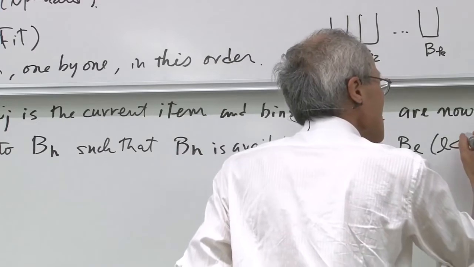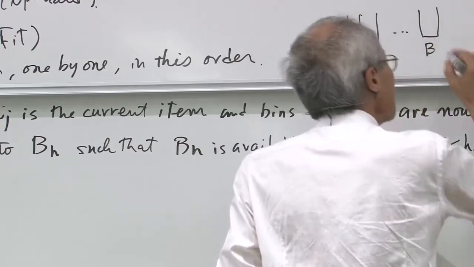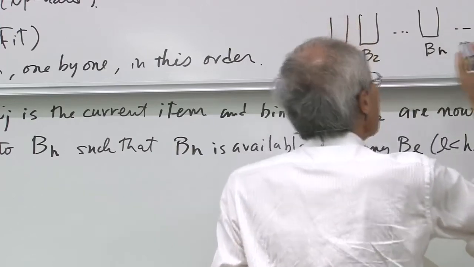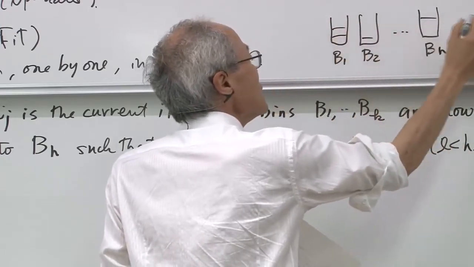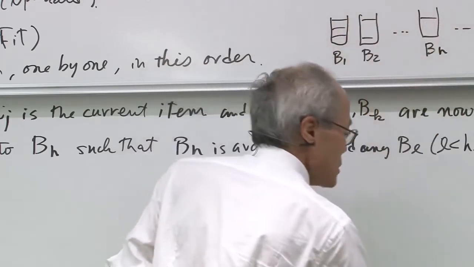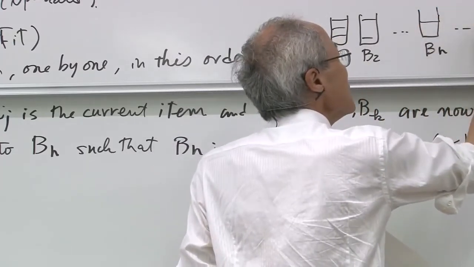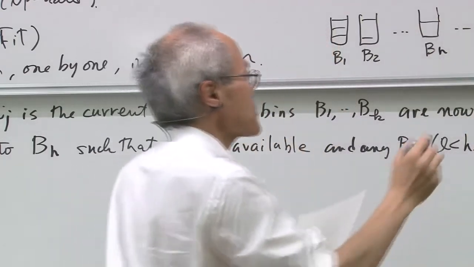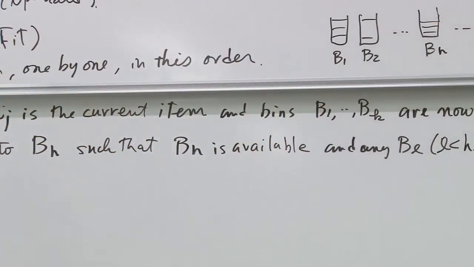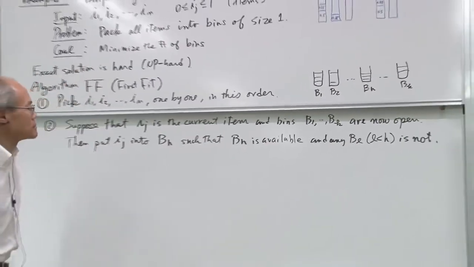This H. So once again, suppose that we are now using k bins, B1 through BK.